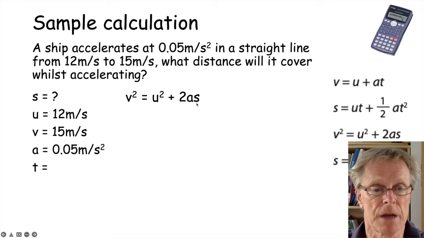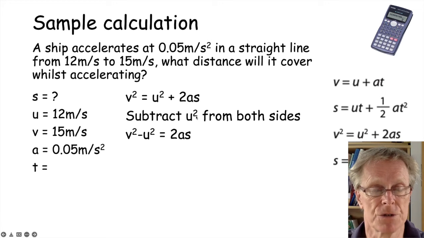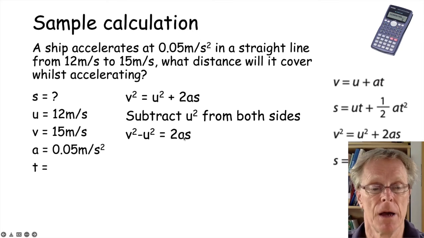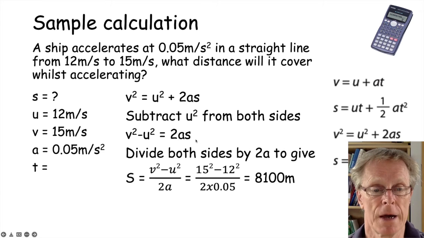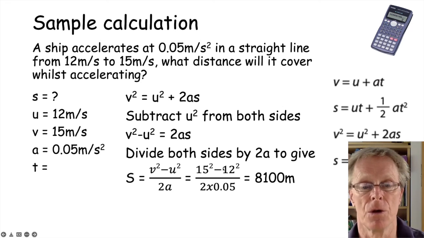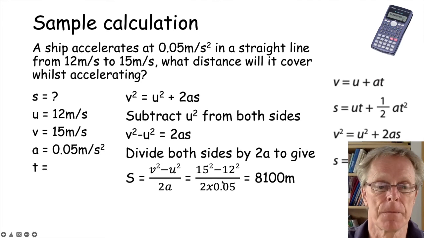So v squared minus u squared equals 2as. And we're trying to find out s. So divide both sides by 2a. So s equals v squared minus u squared divided by 2a. Put the numbers in: 15 squared minus 12 squared divided by 2 times 0.05 gives us 8100 meters, or 8.1 kilometers.